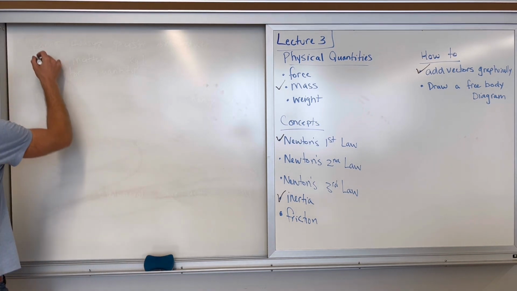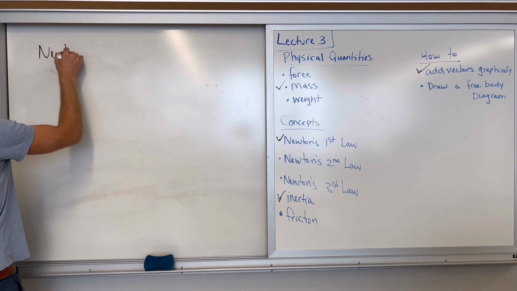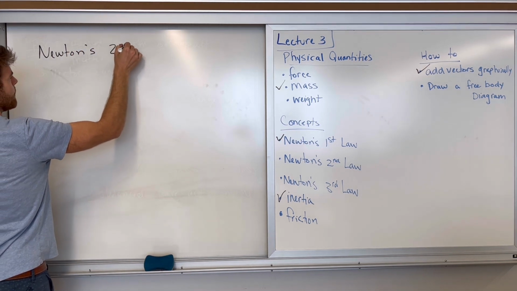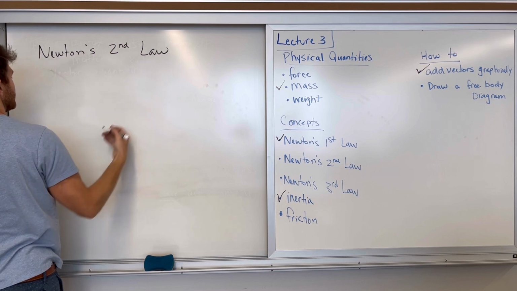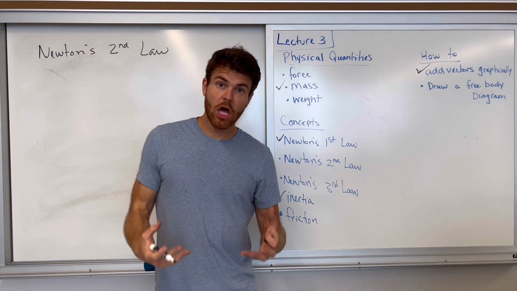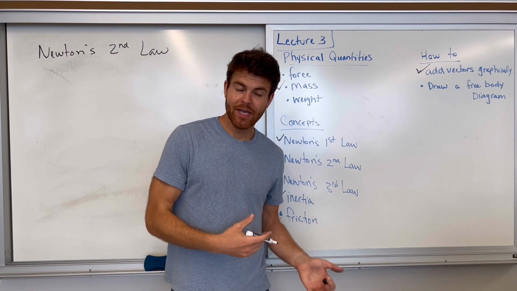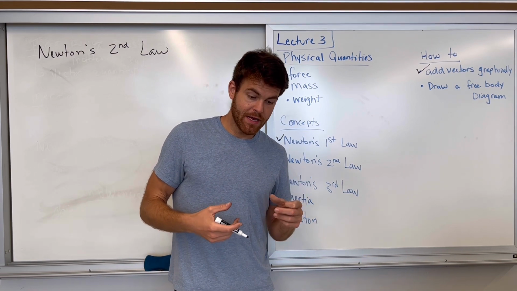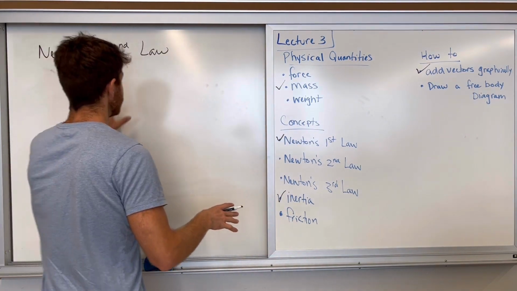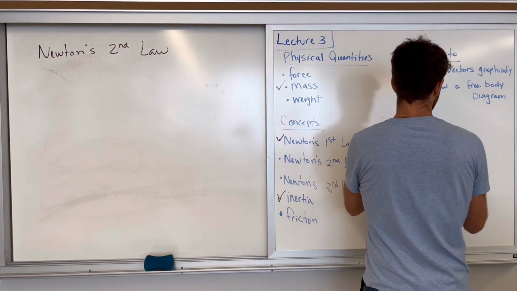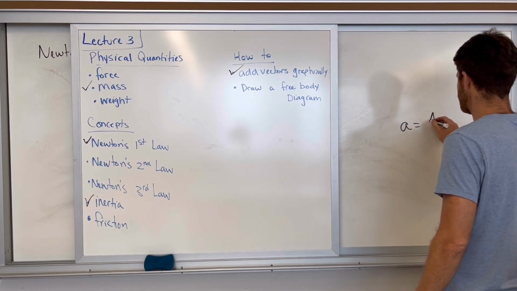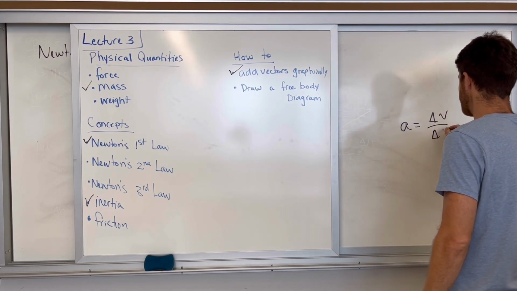basically, let me write this down. It says that if an object's velocity changes, then the object experiences an acceleration. Because remember, this is a little side note, acceleration is change in velocity over change in time.